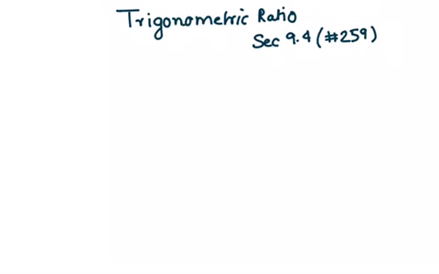Before learning all the different trigonometric ratios, we need to learn some basic vocabulary and how to use it in order to write the ratio. Let's say I have a right triangle here.